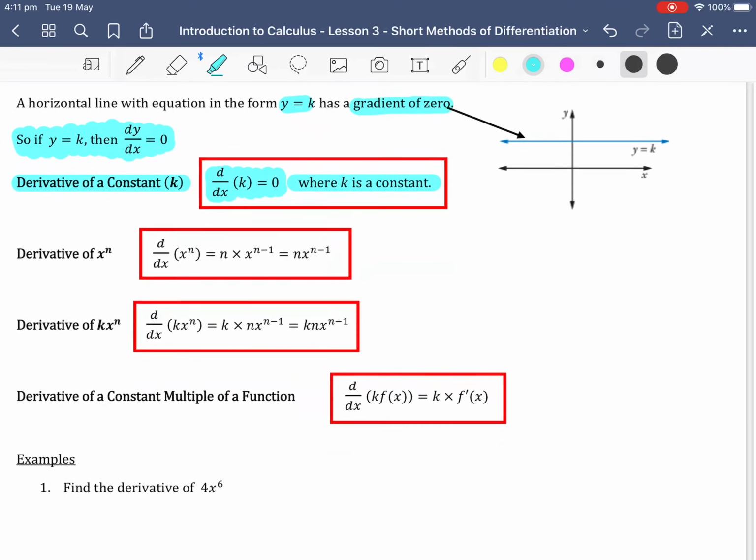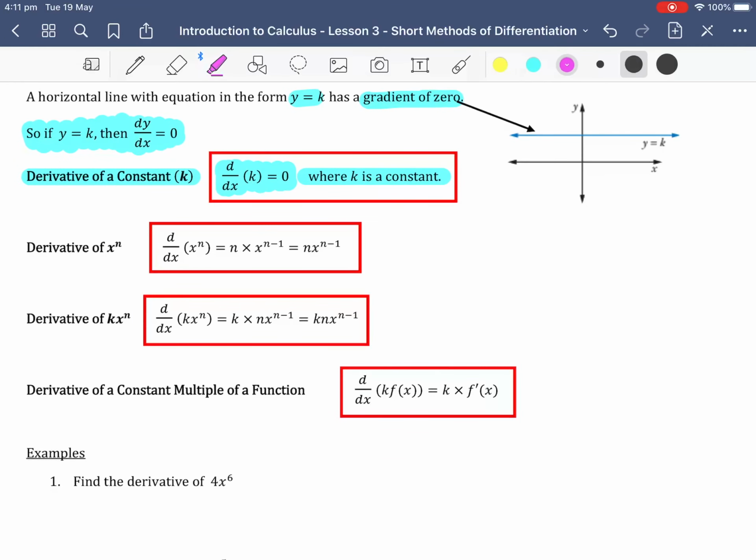We then have the derivative of x to the power of n. The derivative of x to the power of n is d on dx of x to the power of n equals n times x to the power of n minus 1, which is the same as nx to the power of n minus 1. This is where the n minus 1 comes into account when we have a parabola and we're finding the derivative function.